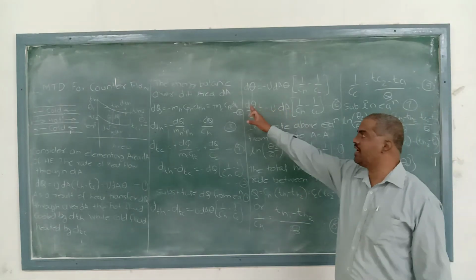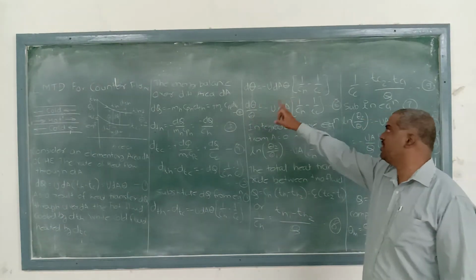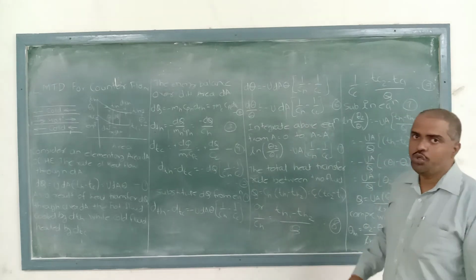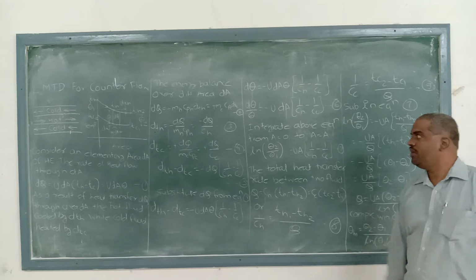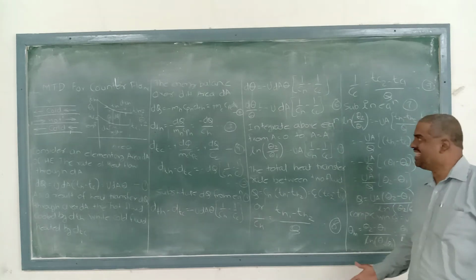So we take the theta to the left side, d theta upon theta, which is equal to minus U dA into [1 upon Ch minus 1 upon Cc]. We are calling it equation number 6.